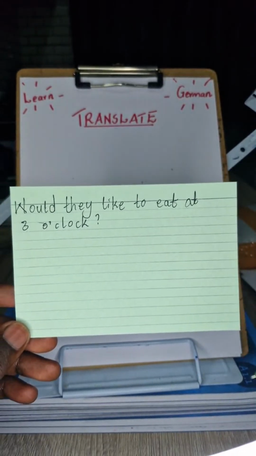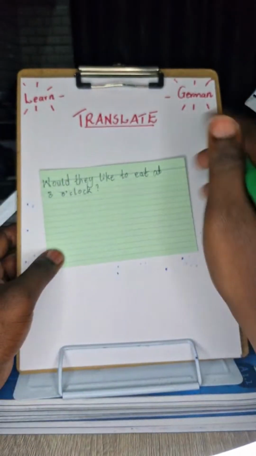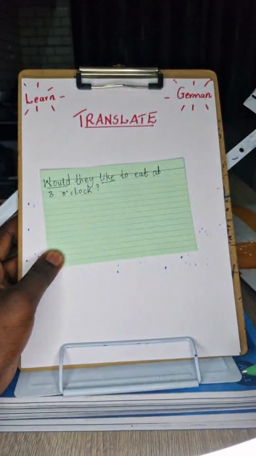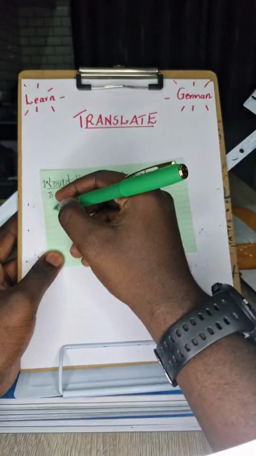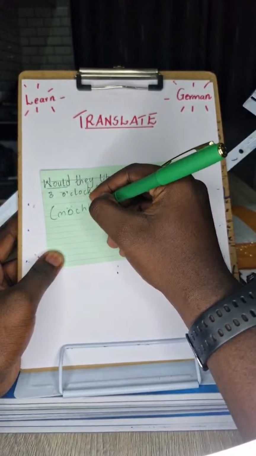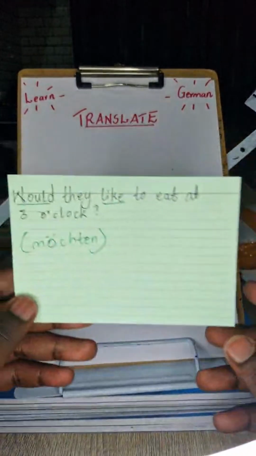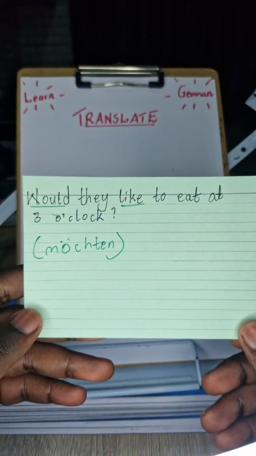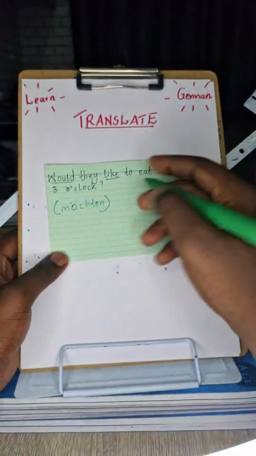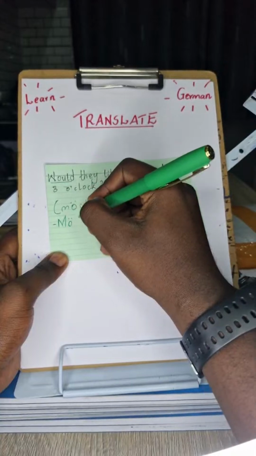Okay, if you're to translate it, now, the modal verb is would like. Would like is normally möchten. So the modal verb is normally möchten, right? So if I want to say, would they like, it becomes möchten.